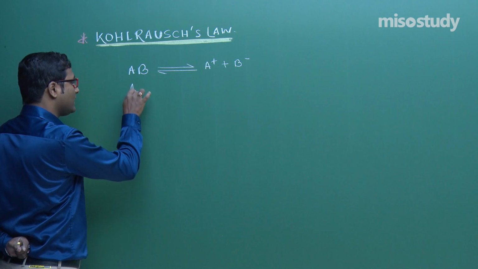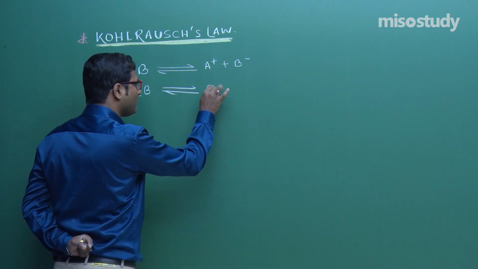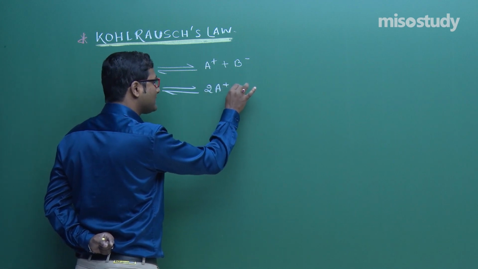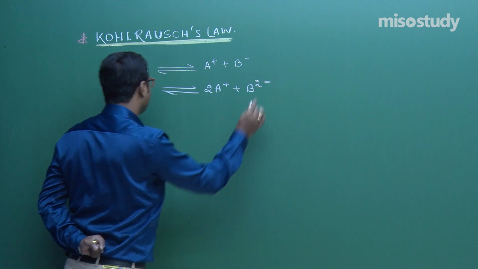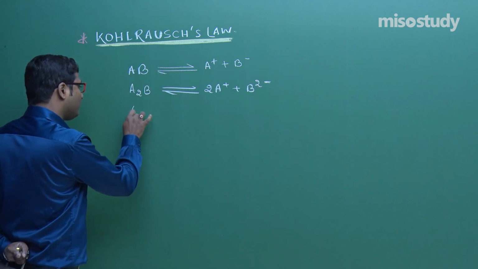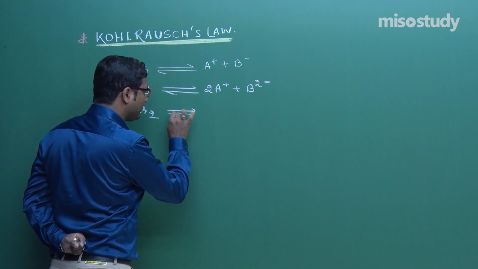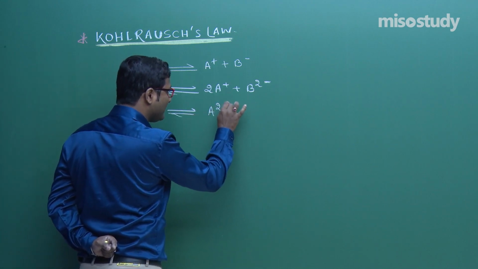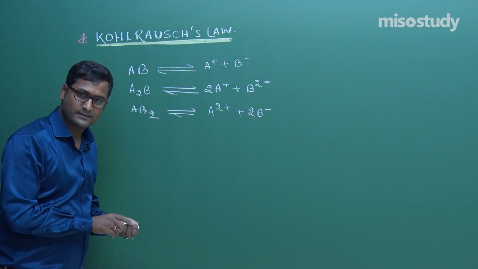If I write A2B, then it will dissociate into 2A plus and B2 minus. Now if I write AB2, then it will dissociate into A2 plus and 2B minus. That is, it will dissociate into ions.